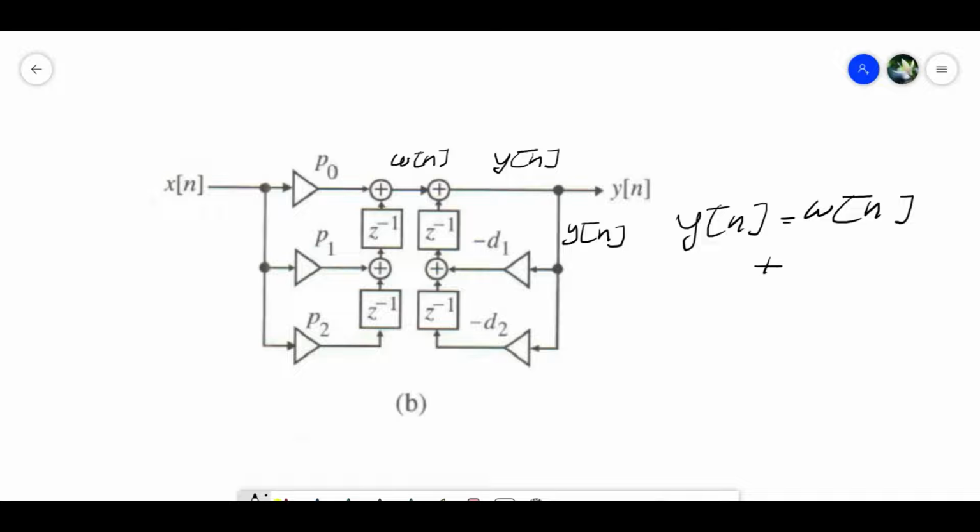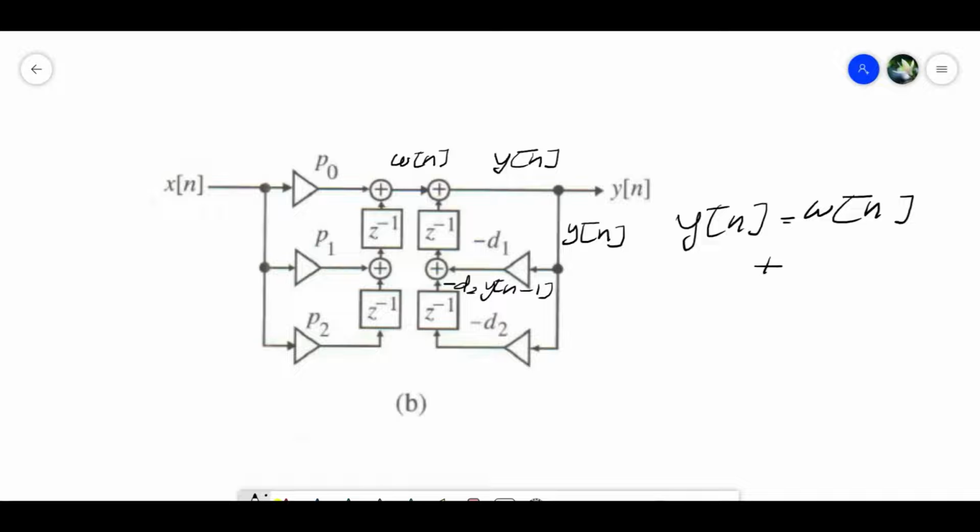So yn goes into the summing junction. This is negative d2 yn minus 1 because of the delay at this side. And then it sums with the negative d1 yn, and then it goes into a delay.